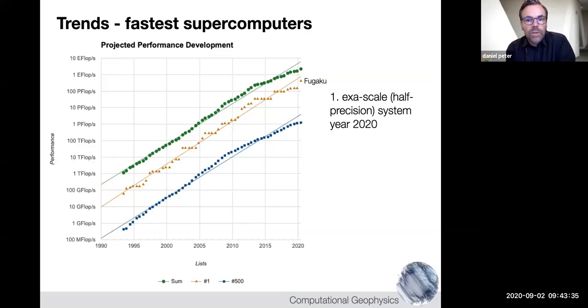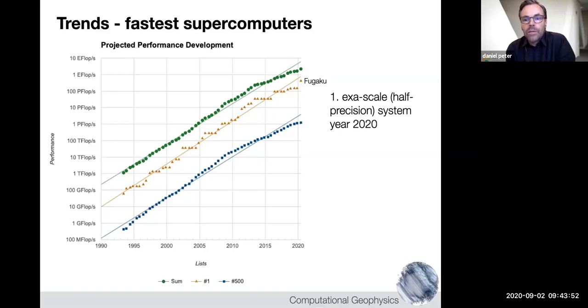And in double precision, it's almost 500 petaflops per second. So that is the number of double precision floating point operations per second that this machine is doing.